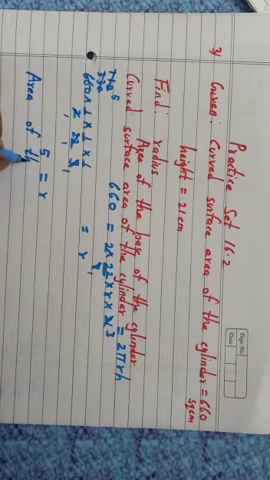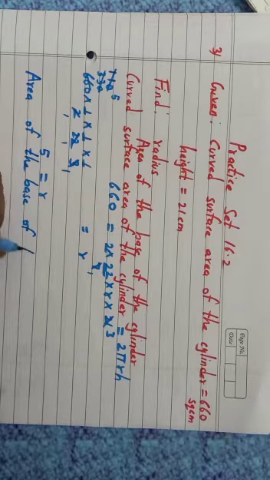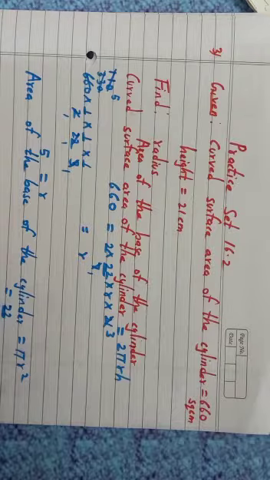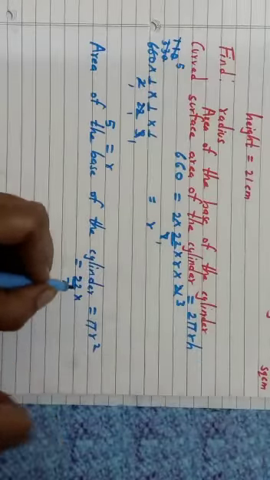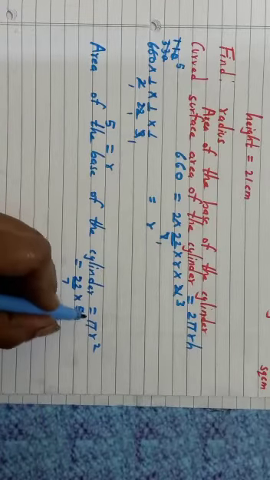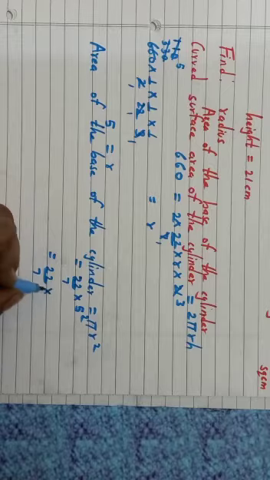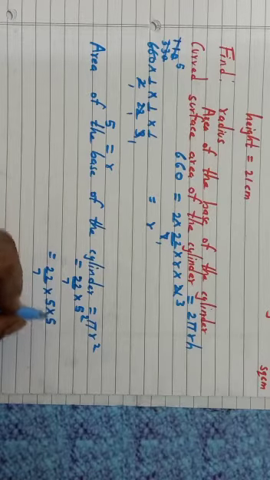Area of the base of the cylinder is equal to pi r square, where pi is 22 upon 7, into r is 5, so 5 square, which is equal to 22 upon 7 into 5 into 5.